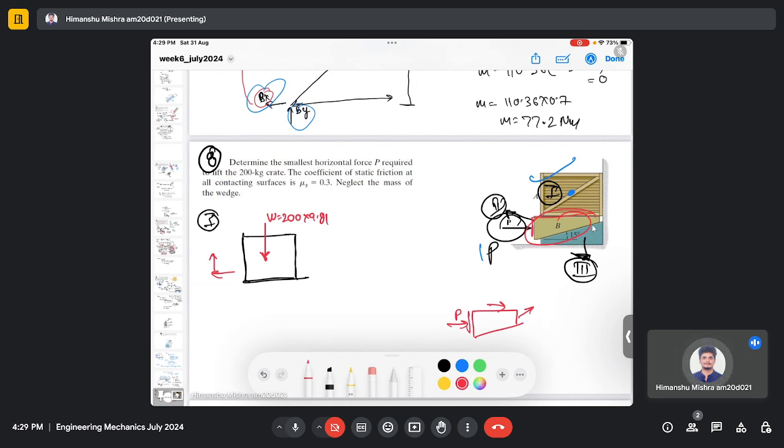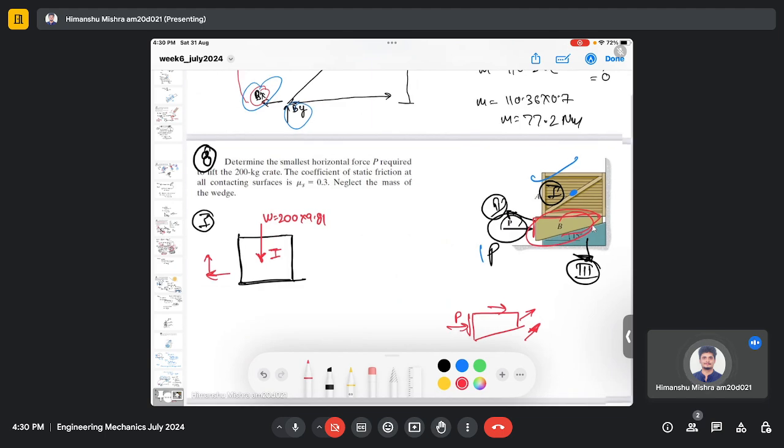If you push body B in the right direction, it will move in the northeast direction. So this will push body 1 upward as well as, at the same time, in the west direction. So the motion of body 1 is in the northwest.